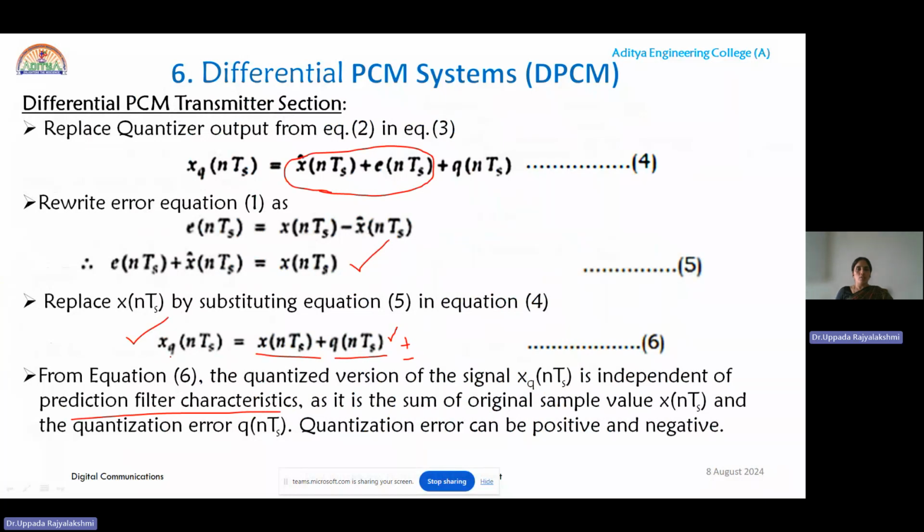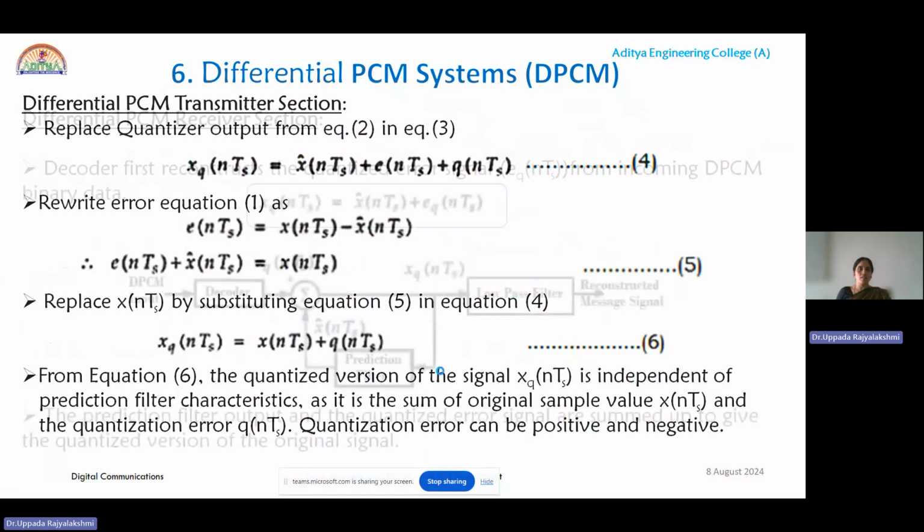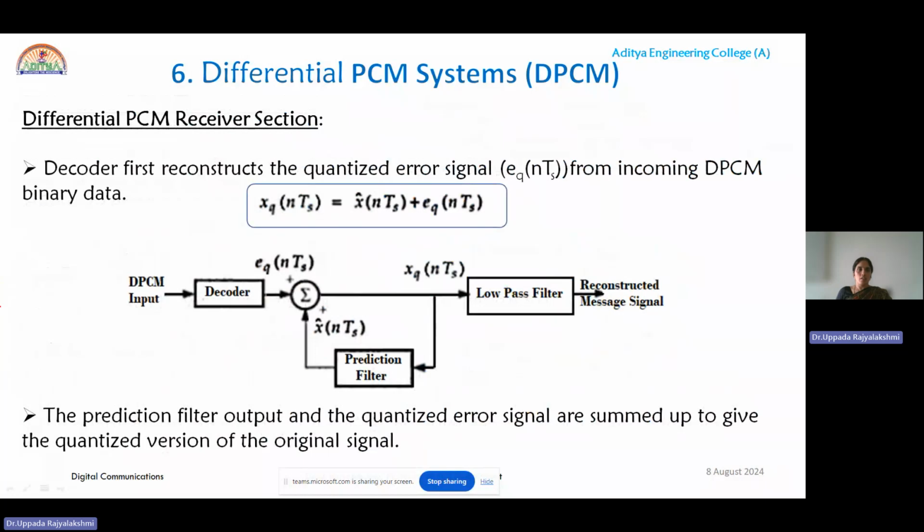So finally, xq of nTs, the input to the prediction filter, is dependent only on the input sample and quantization error, and it is independent of the prediction filter characteristics.